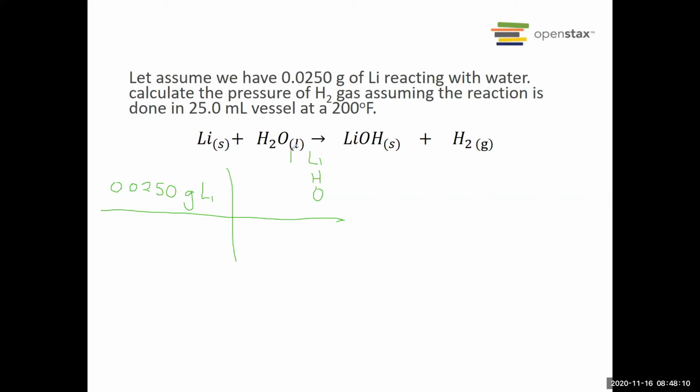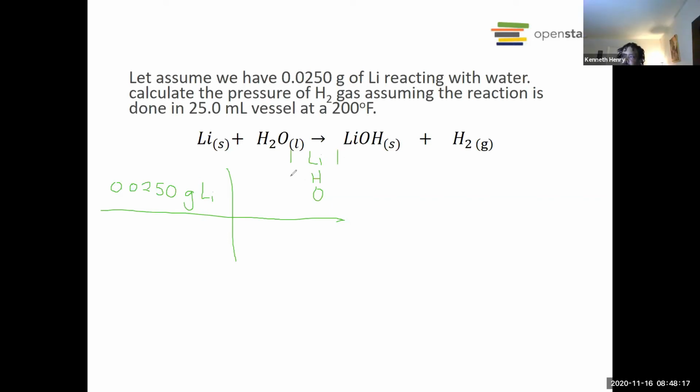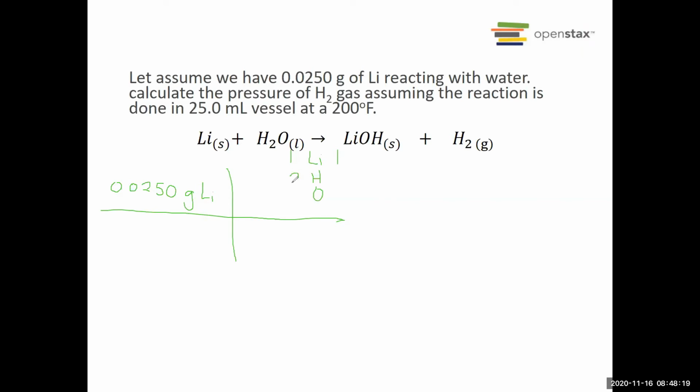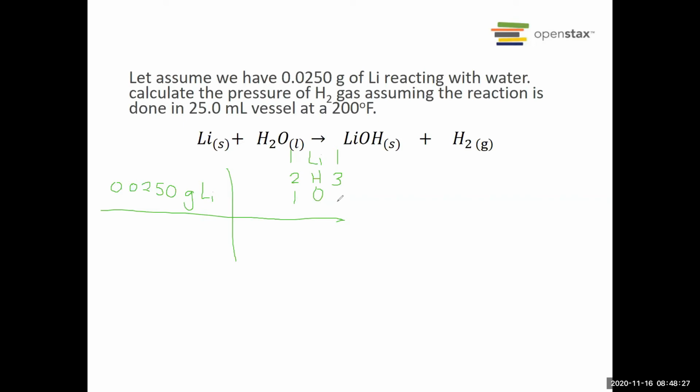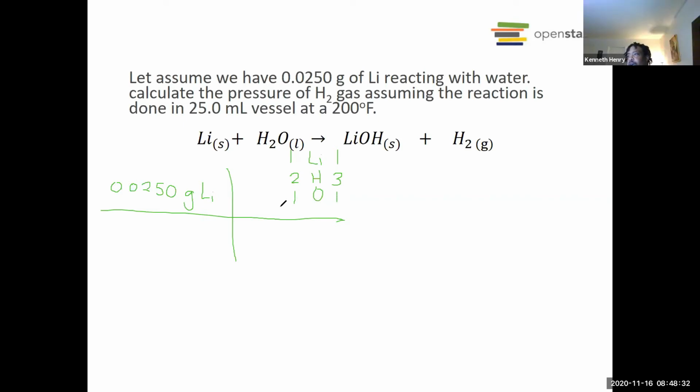One. What about my product side? One. How many hydrogens do I have on my reactant side? Two. And my product side? Three. How many oxygens on my reactant side? One. My product side, one. So I got one, one. I need to work on my hydrogens. What can I do to fix my hydrogens? I have three on one side and two on the other. Any ideas?